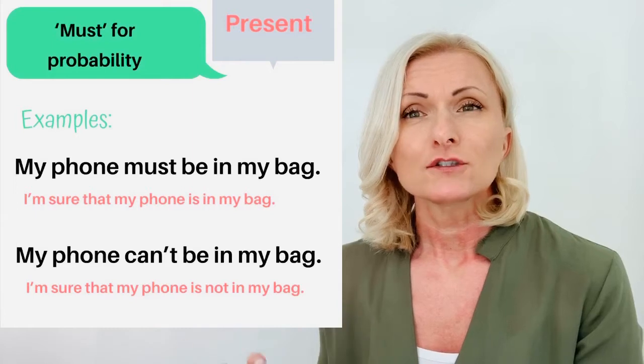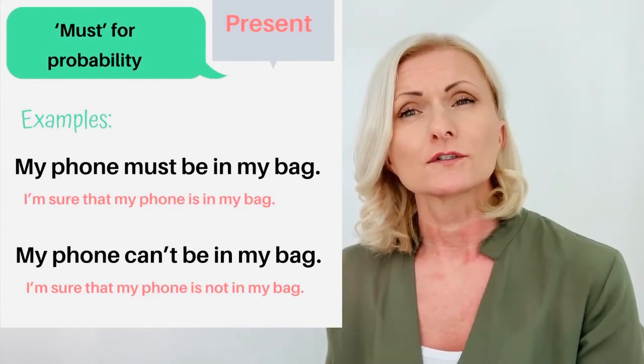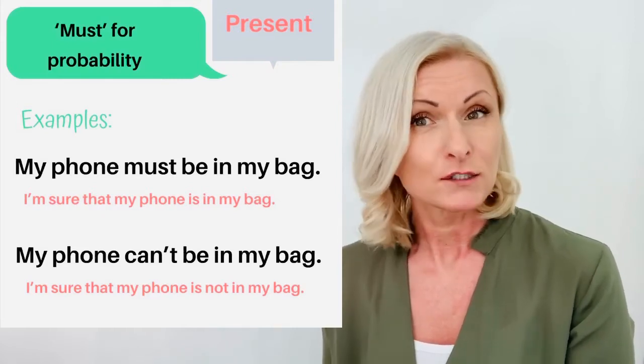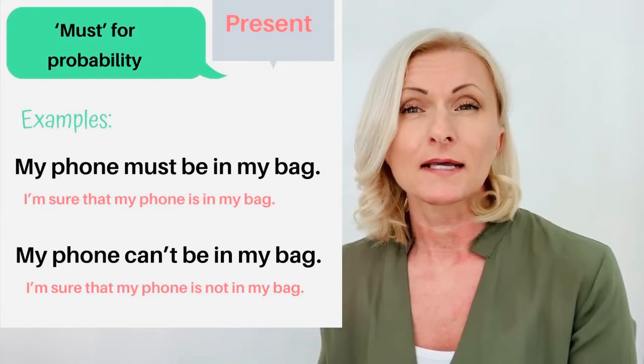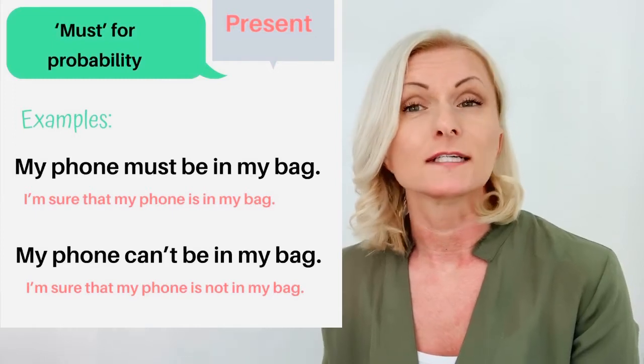So it's a very interesting concept how for this function we are not using mustn't as a negative for must. So remember, the opposite of it must be in my bag will be it can't be in my bag. I don't think this is possible.